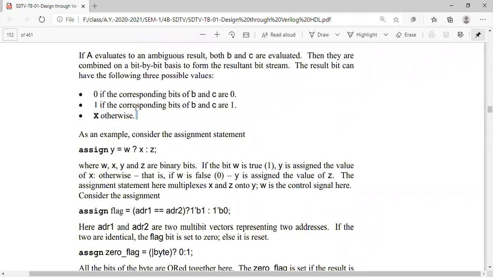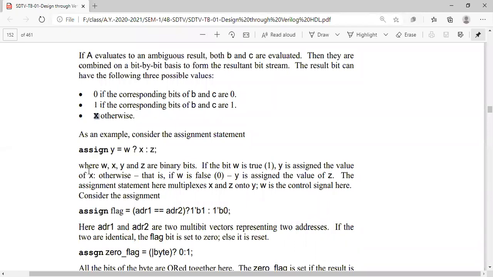If B of 2 and C of 2 are both 1, it is going to give 1. That means only if they both match, it is going to produce the same value as an output. If not, in all other cases, it is going to give the result as X.